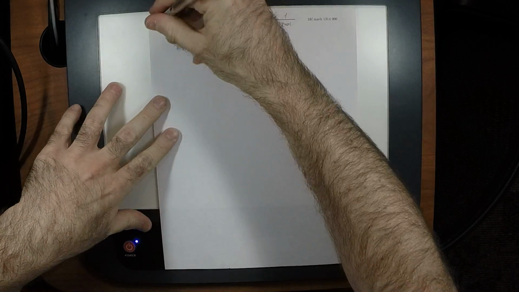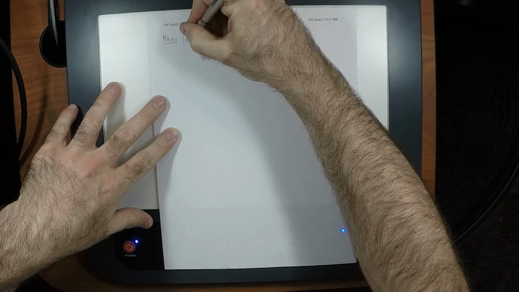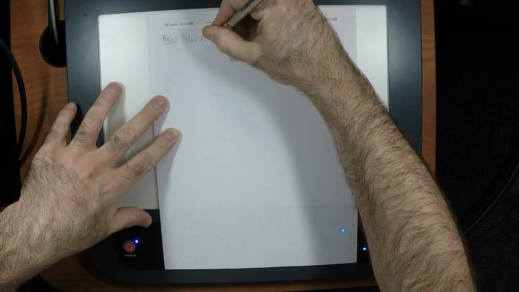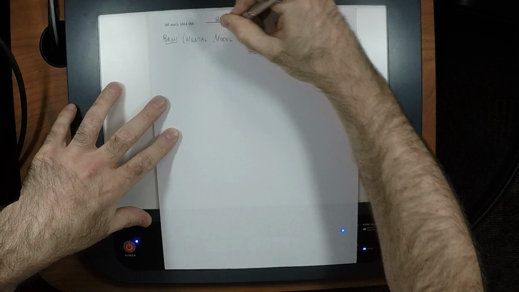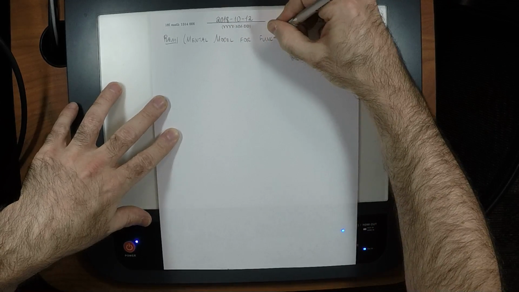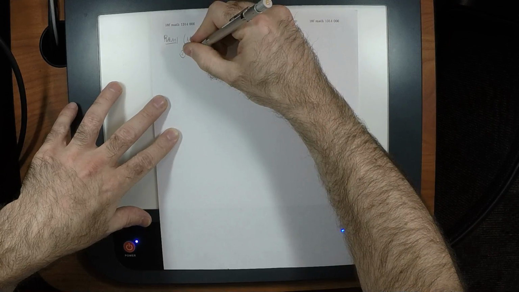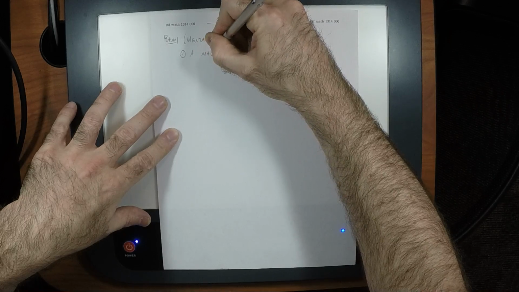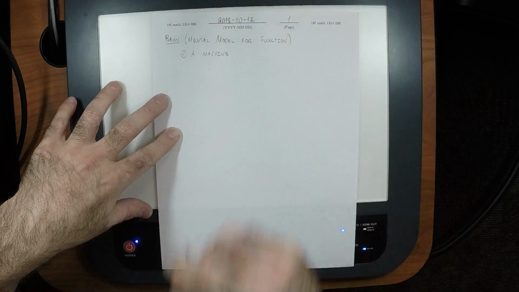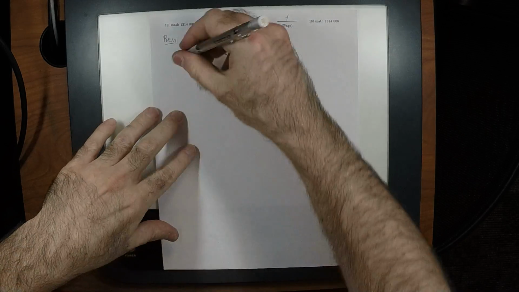Notably, the mental model that I'd like for you to have for functions is that it's like a machine where you give it inputs and it produces outputs. It's a machine in the sense that every time you give it the same input, the same output is generated. It's purely deterministic. It always does the same thing.